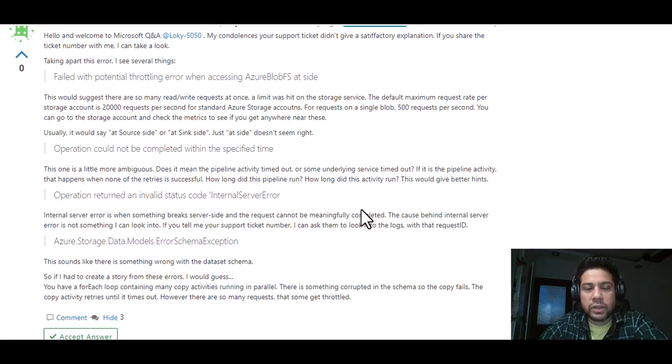So then they reached out to the product team, the storage account team, and eventually they found that the reason behind the timeout errors and the throttling errors that we were getting was a bad node in the server.